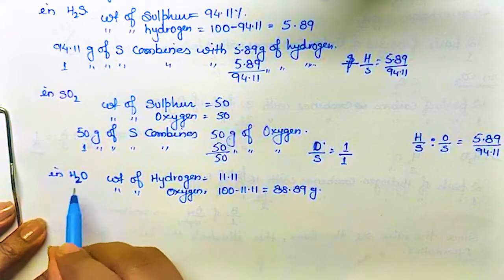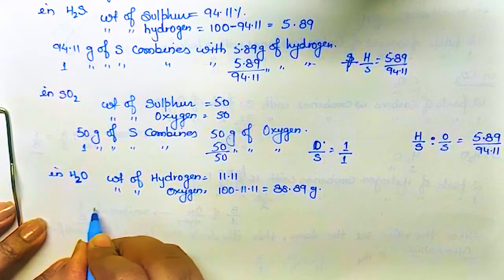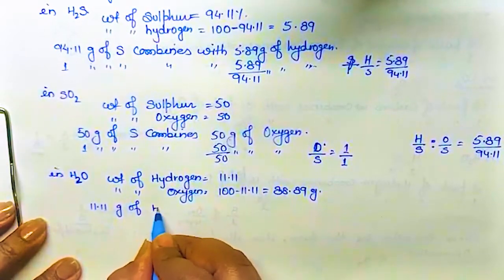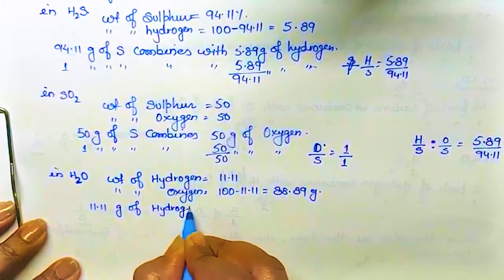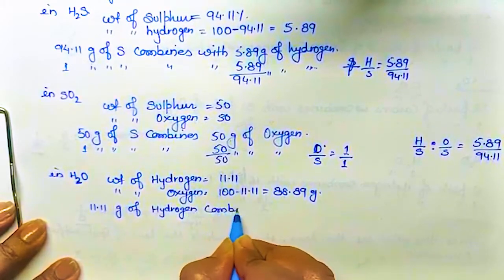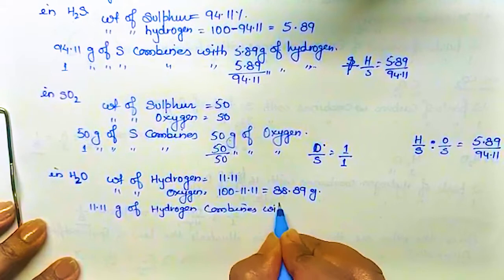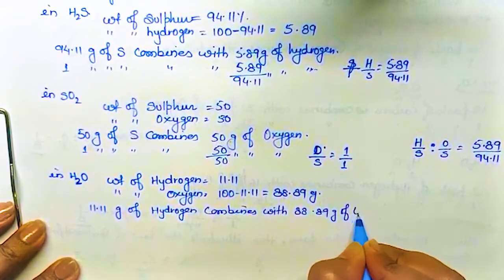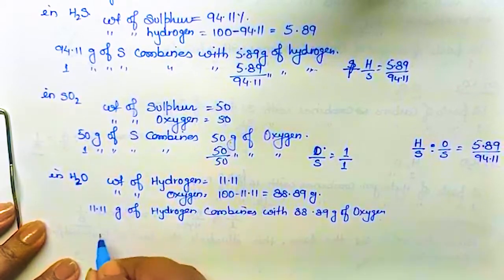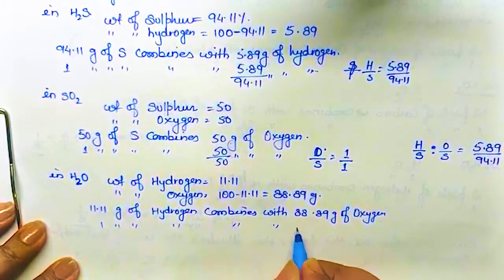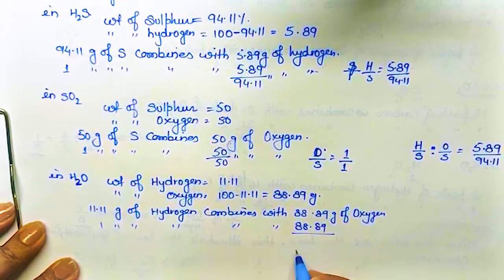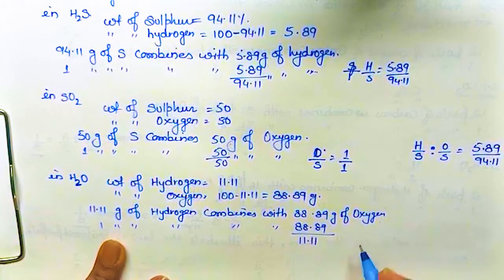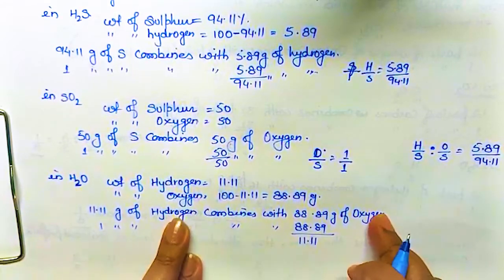You can write it this way: 11.11 gram of hydrogen combines with 88.89 gram of oxygen. So 1 gram of hydrogen will combine with 88.89 divided by 11.11. So this is the ratio of oxygen upon hydrogen.